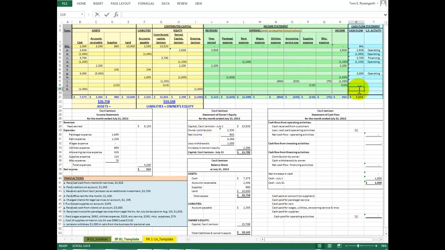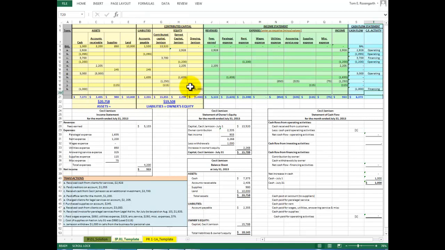Because there was a reduction in cash, we will show a decrease in cash flow, and because dividends or drawing is a part of contributed capital, we will consider this a financing activity.